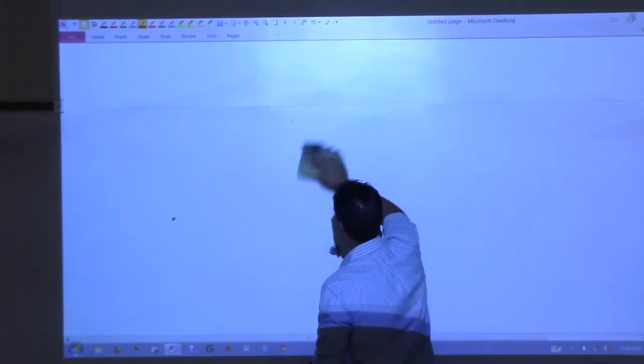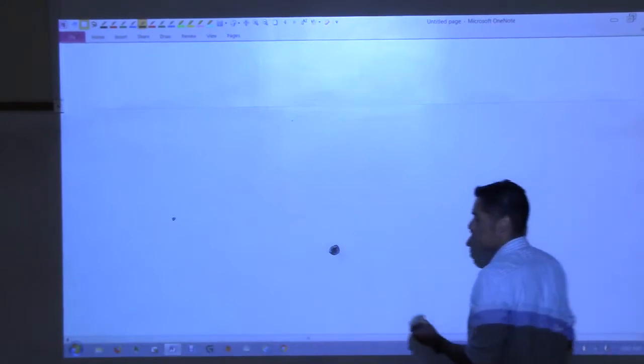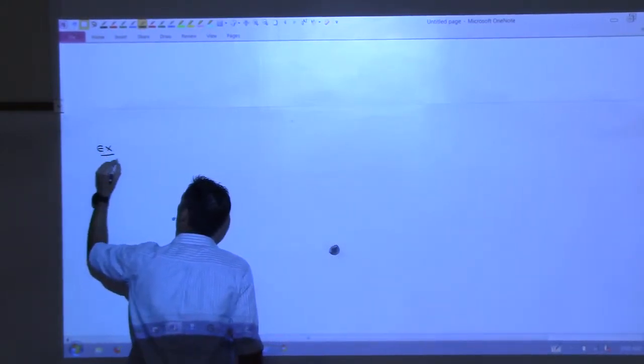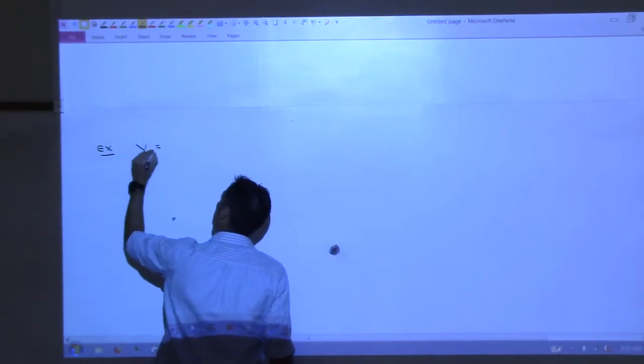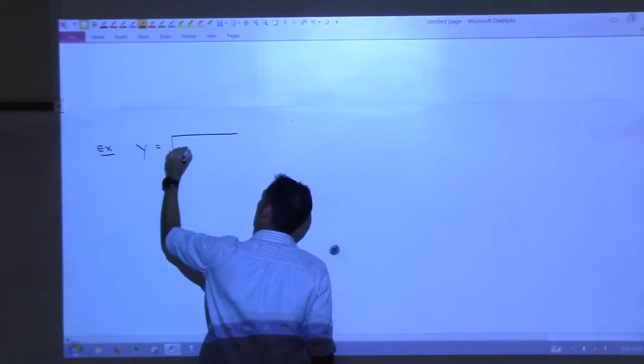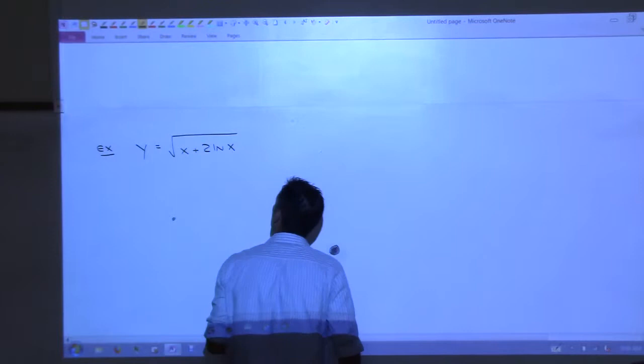All right, let's try something here. So we're going to do a bunch of examples now. How about, let's say y is equal to the square root of x plus 2 natural log x.